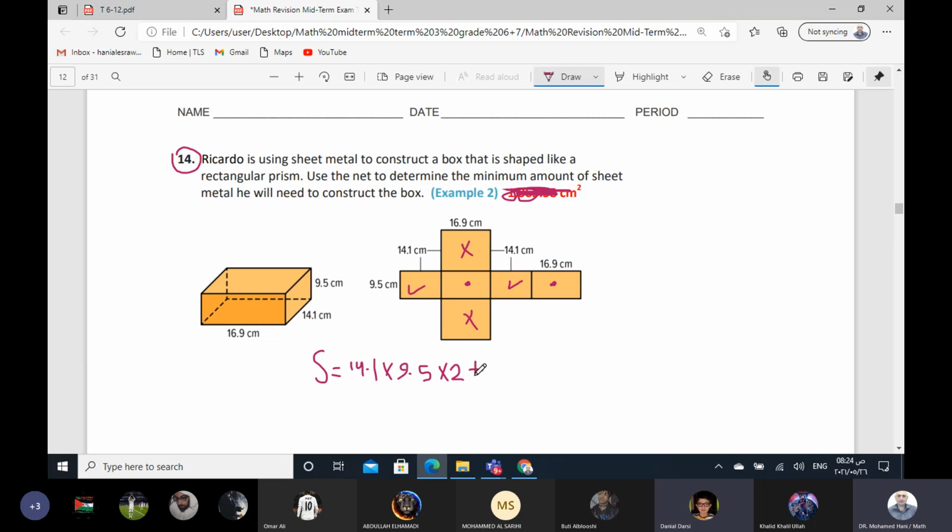Plus, here also we have a rectangle, length times width, so we have 16.9 times 14.1, times 2. And also here we have two congruent faces, which means two congruent areas, means times 2.